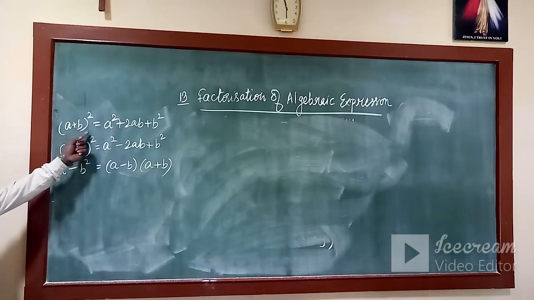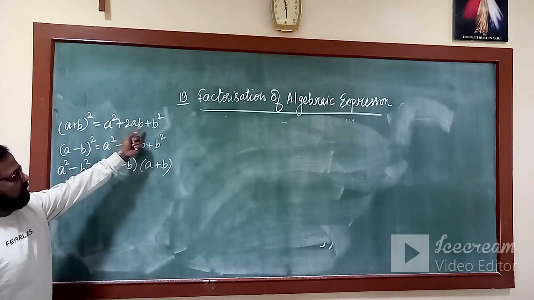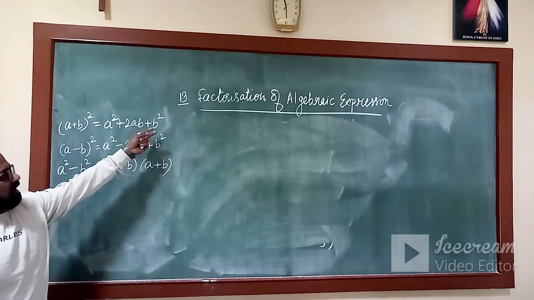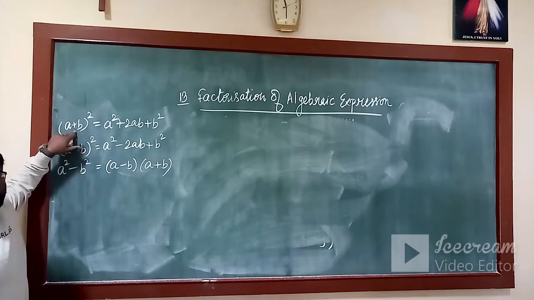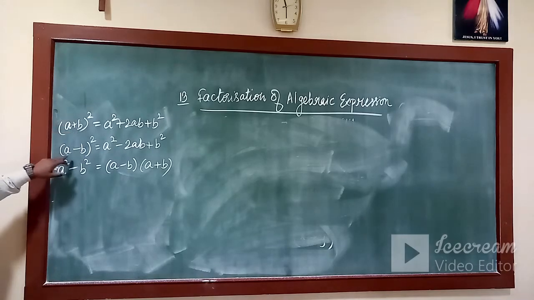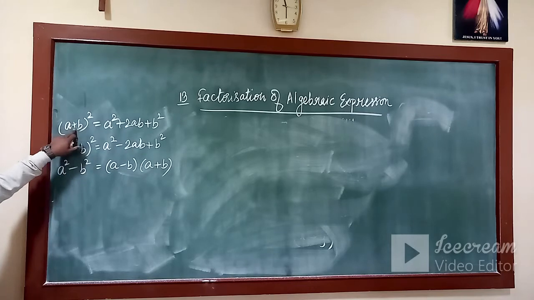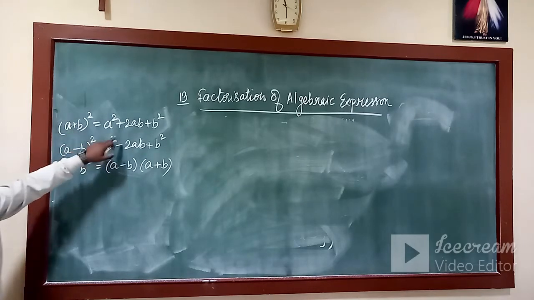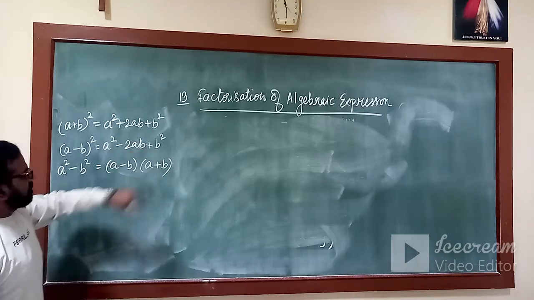First is a plus b whole square. So if something like this is given, a square plus 2ab plus b square, then we can convert this whole expression into a plus b whole square. Similarly, a minus b whole square is a square. Previously it was plus, but now it comes minus 2 into ab plus b square.